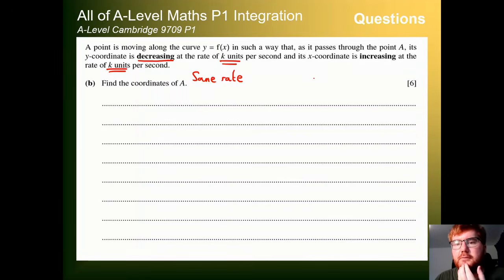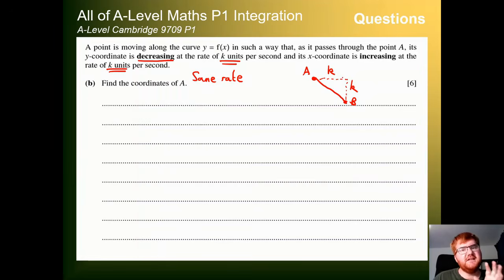So if I draw this point on here, and we've got this increasing by this k rate, whatever that is, at the same time it's decreasing at this rate as well. So this point would start here, and after 1 second, after k units, it would then be here. So we've got the A and B, for example, where both of these are k.